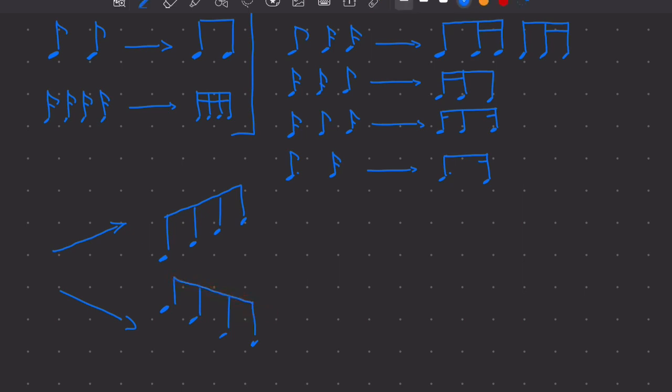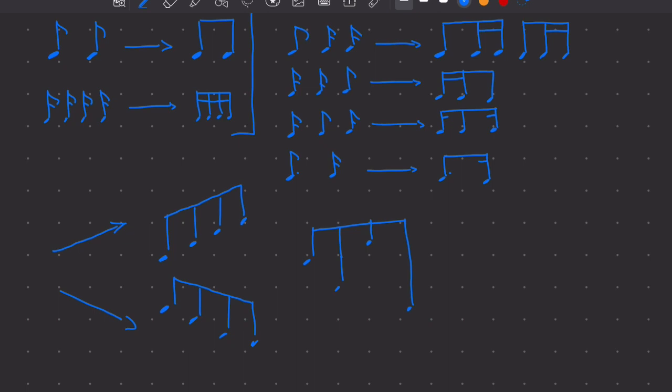But then what happens if I have notes that are not in maybe the biggest pattern, and I have them kind of all over the place? Well, now I would need to show my music in one beam. So I would have one line.